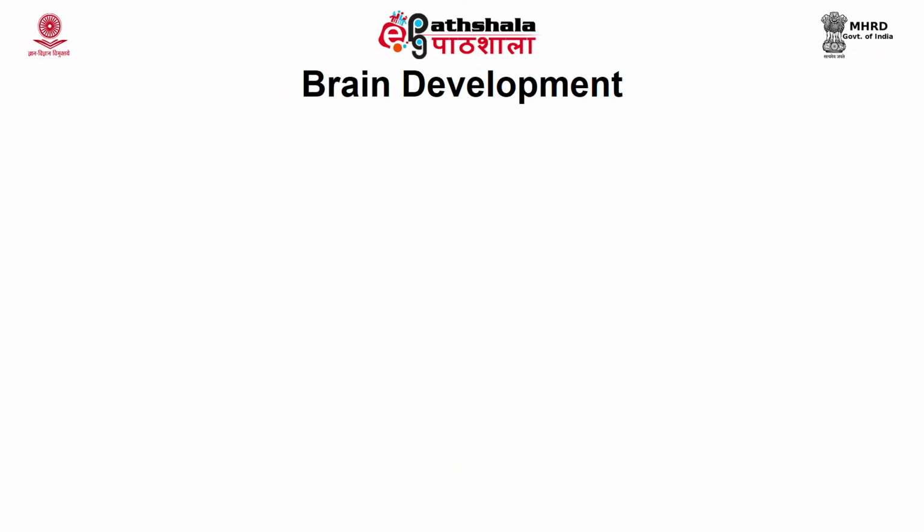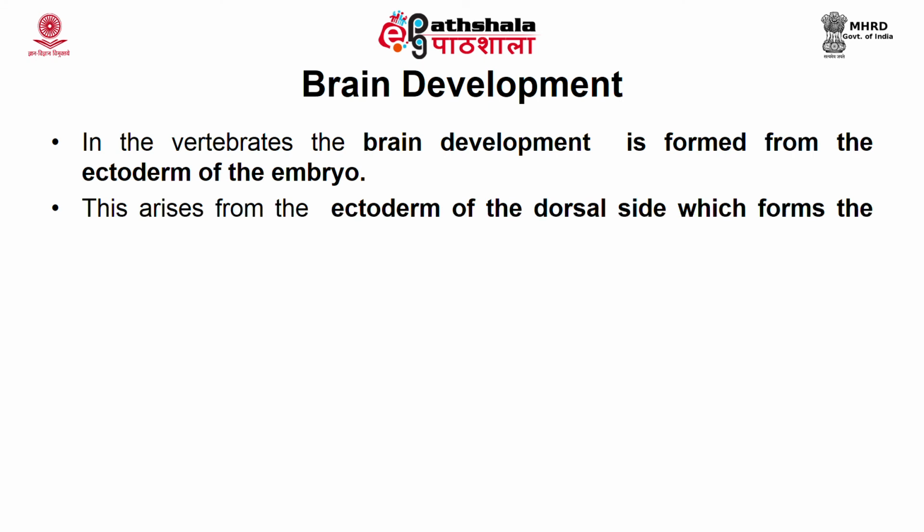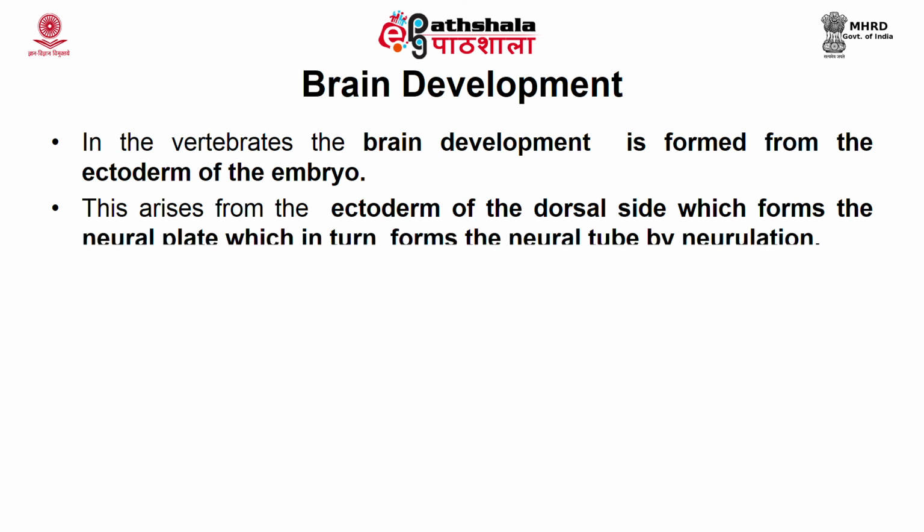If we look at the brain development, it is seen that in vertebrates, the brain is formed from the ectoderm of the embryo, and from the dorsal side of the ectoderm, the neural plate arises, which forms the neural tube by neurulation, and this neural tube has epithelial cells which house the stem cells which give rise to the mature brain.